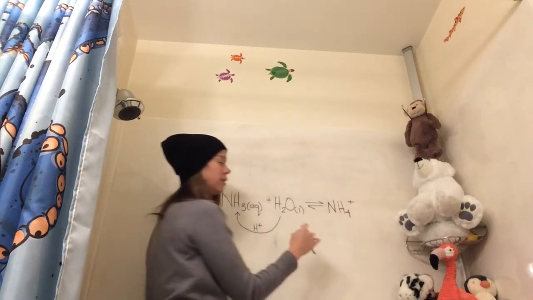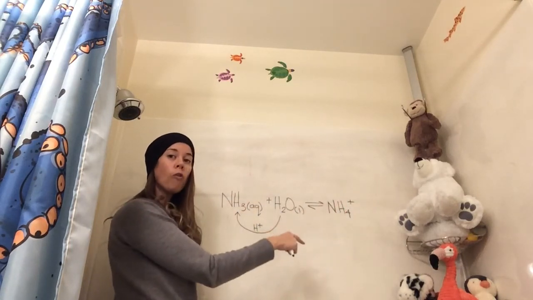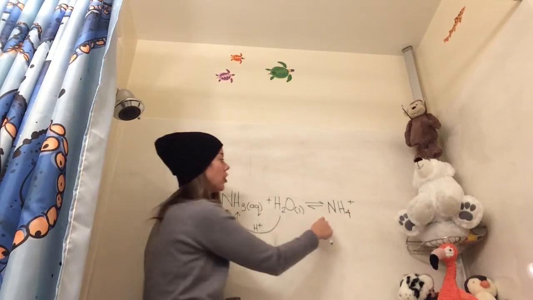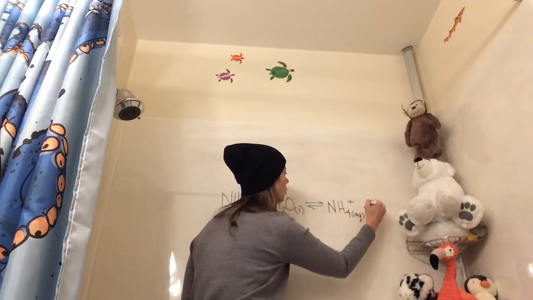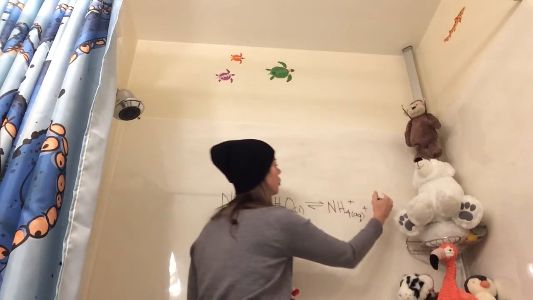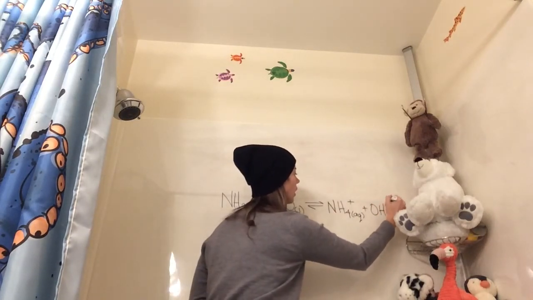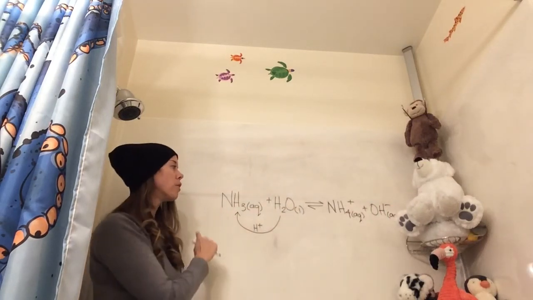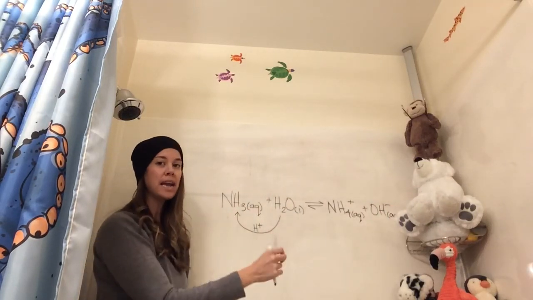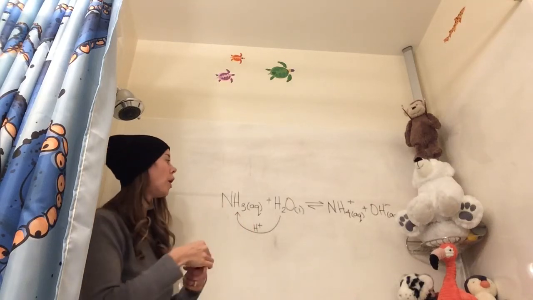And this is something we know, right? We can look on our polyatomic ion chart and see the ammonium ion. Of course, what is left from the water molecule is the hydroxide anion. So that tells us that ammonia acts as a base in water.